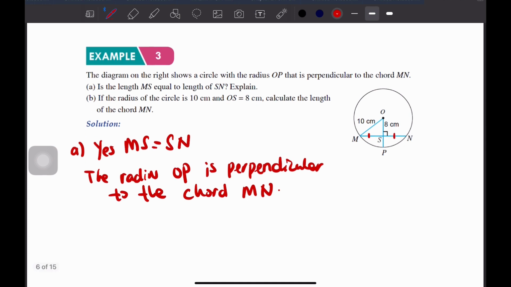Next, B: if the radius of the circle is 10 and OS is 8, calculate the length of chord MN.